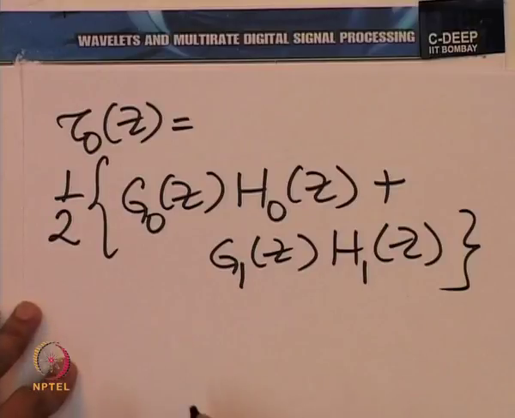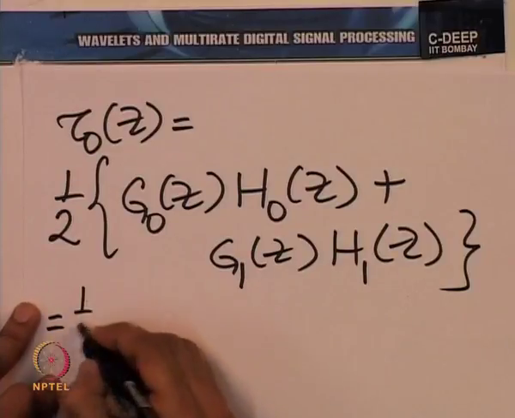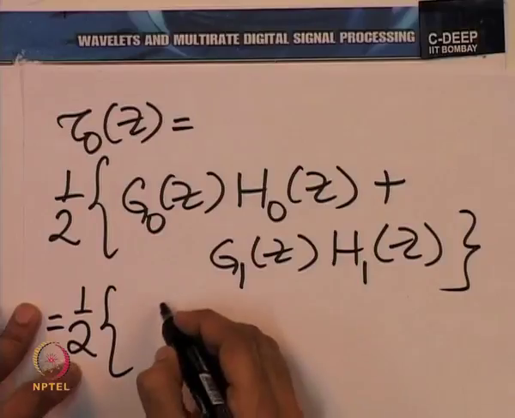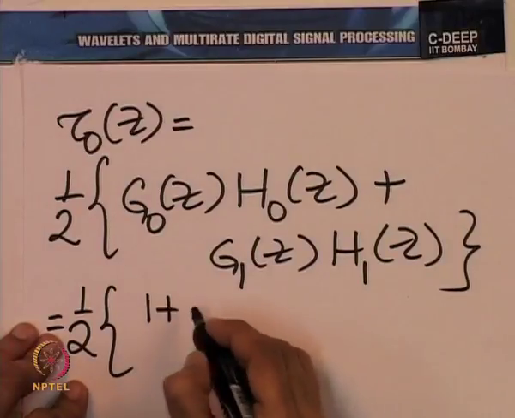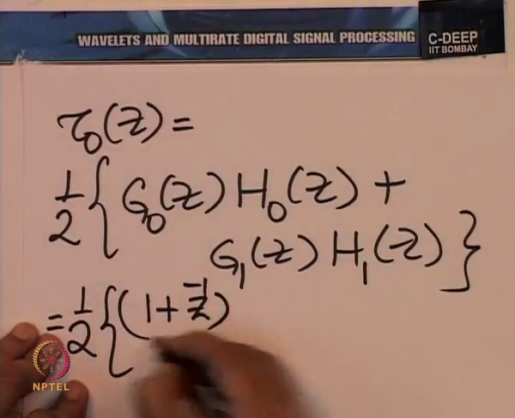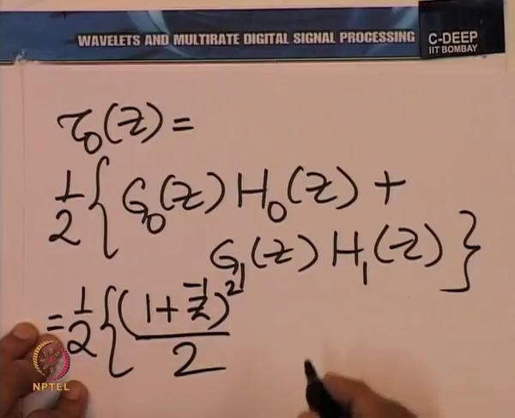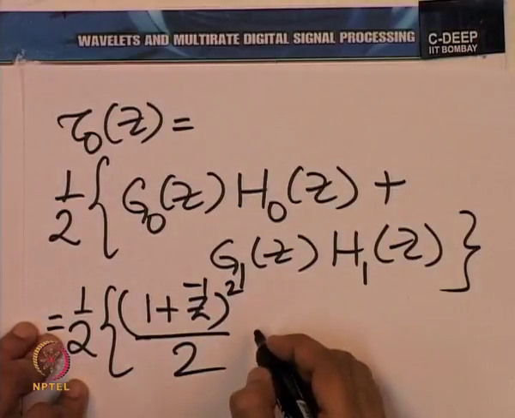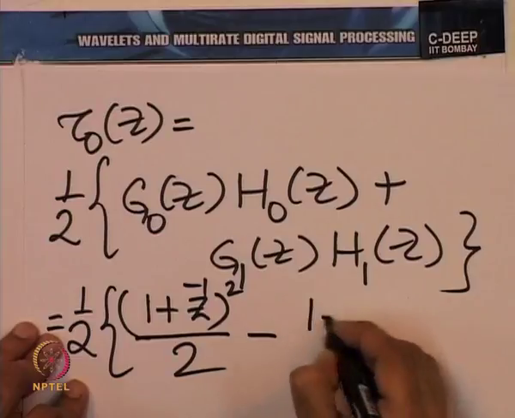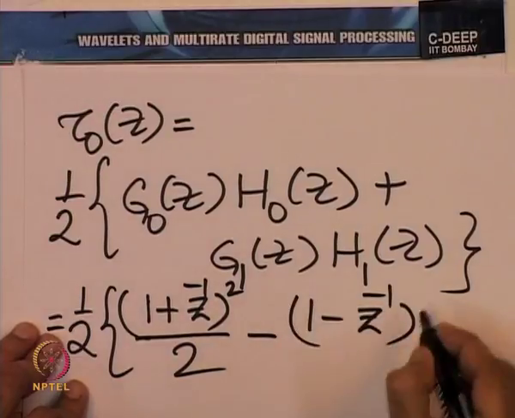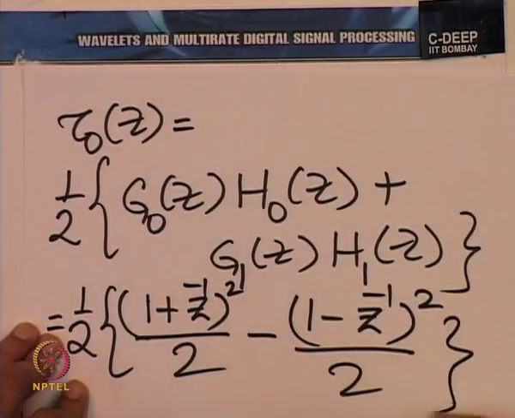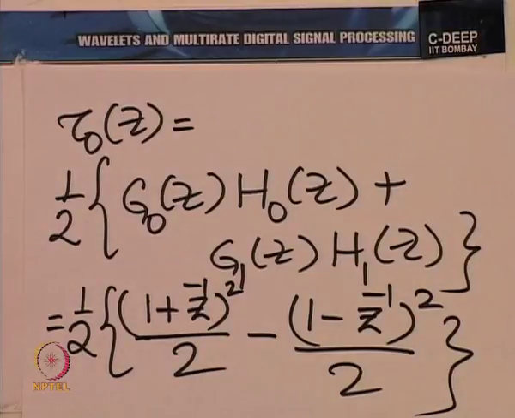And when we expand this, we get 1 plus z inverse, the whole squared by 2, minus 1 minus z inverse, the whole squared by 2, and this is easy to evaluate.